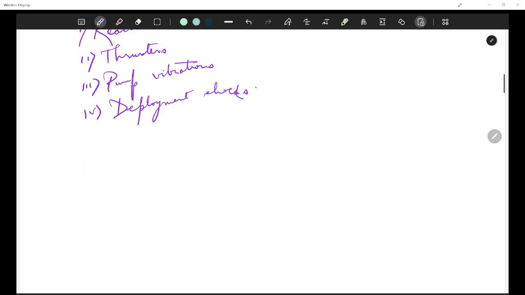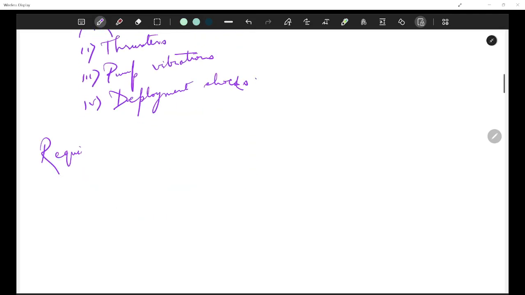So the requirement that we have is we want multi-axis isolation. What we need is decoupled modes.